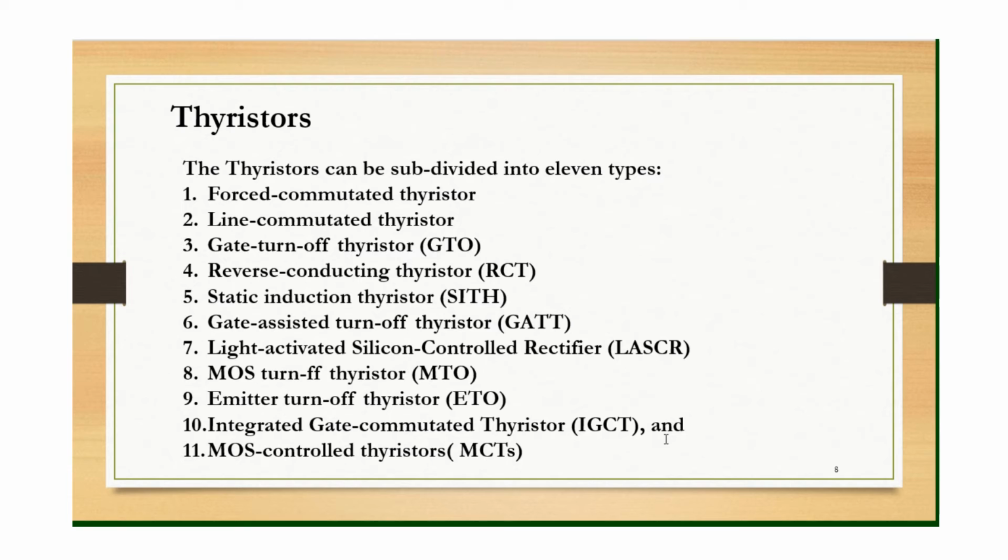So this is a broad classification. You need not worry about all of them. Like maybe when we are discussing thyristors, some of them you will just have a glimpse of how it operates.